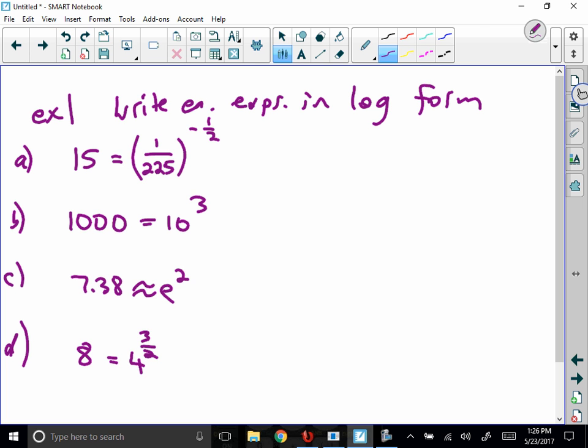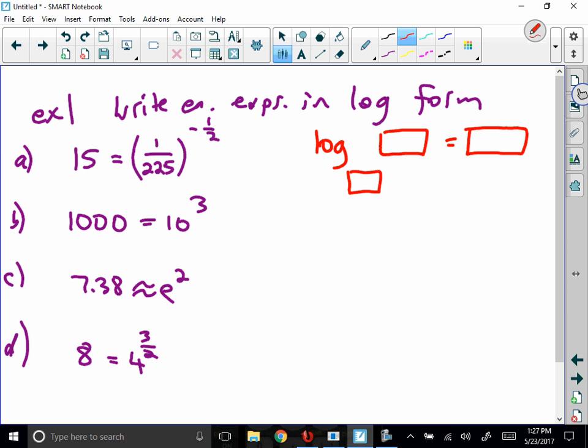In log form, you're going to write the word log. You're going to fill in this subscript area with the base. And then we're taking the log of some number, and that's going to equal something. So we've got 3 blanks to fill in.